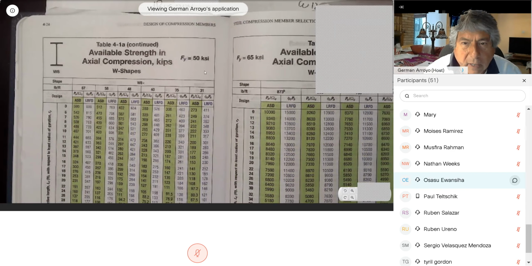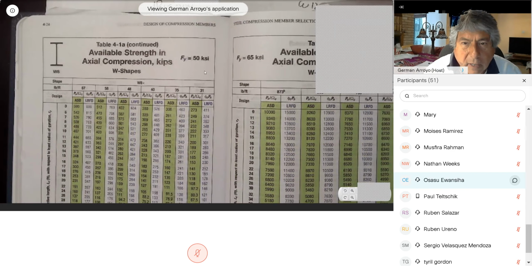I'm going to go to the previous page and follow me. What size do you see now? W what? W10. And look, when they finish with the W10, the way it's organized, 39, 45, from lighter to heavier.